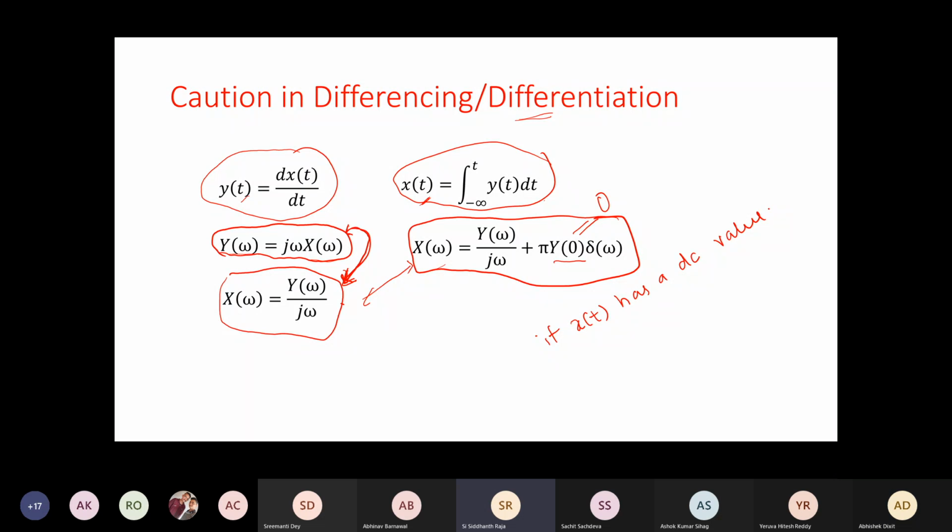Yeah. If x(t) has a DC value, then on differentiation, this DC value will be killed. So remember, it's an important idea that if x(t) has a DC value of 0, then of course you can go from here to here. Then there is no problem. But if x(t) has a certain DC value, then of course going from here to here is incorrect.